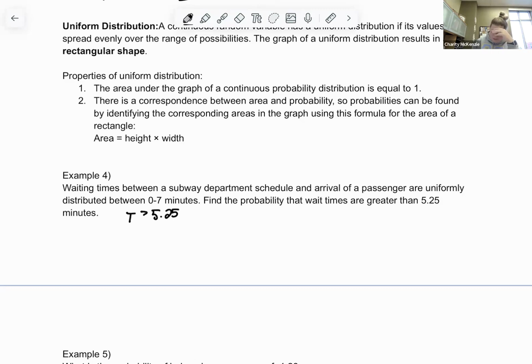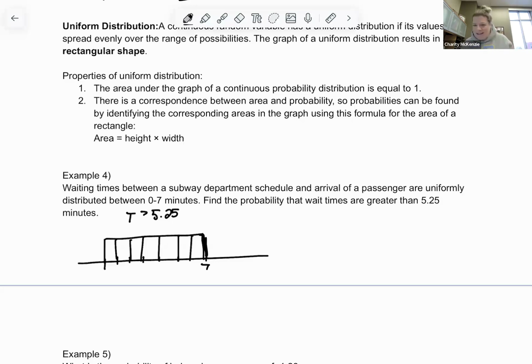So if we look at this, we start at 0 and we go to 7. Okay, so 0, 1, 2, 3, 4, 5, 6, 7. So our distribution should be somewhat uniform and look something like this. And think about the way that we break this up. If I just broke it up like this, 1/7, 1/7.